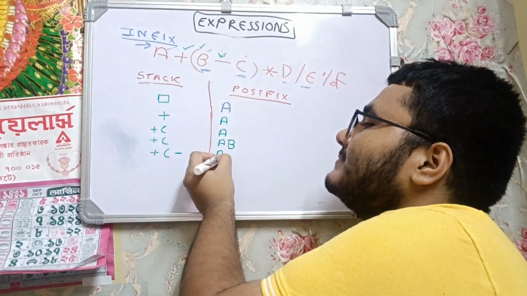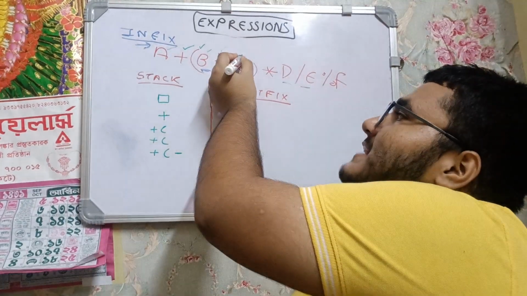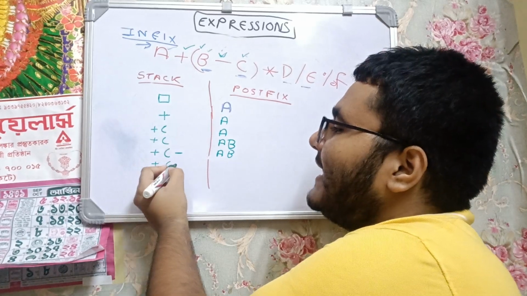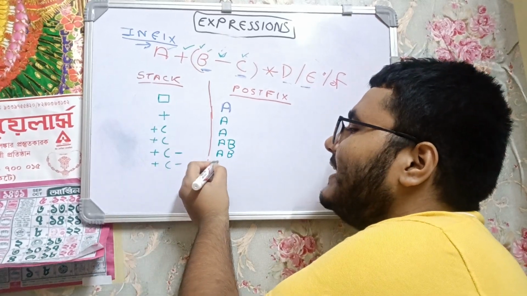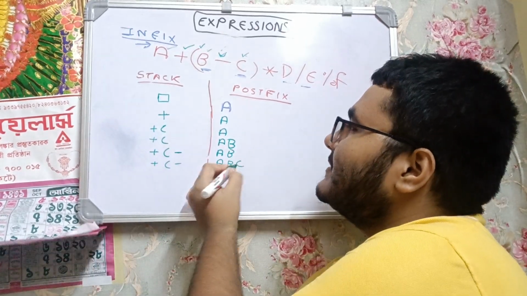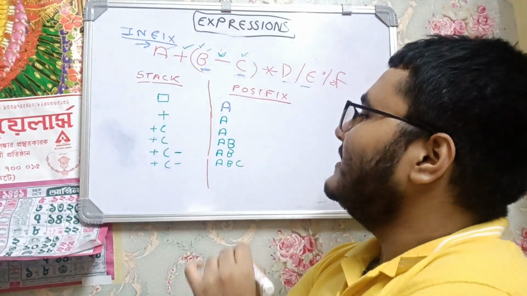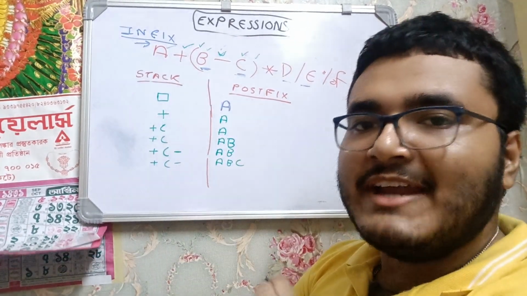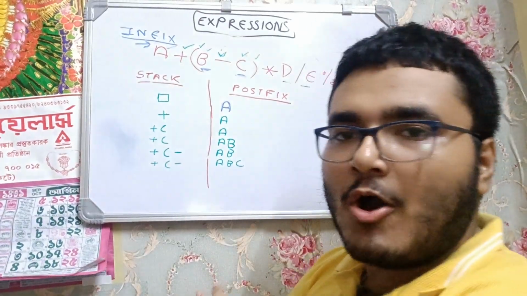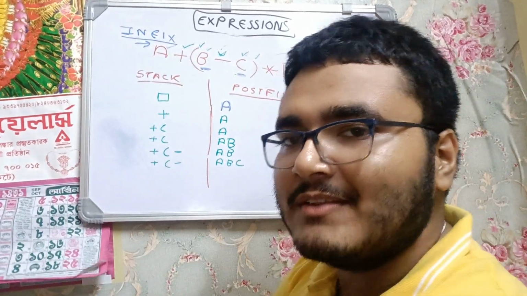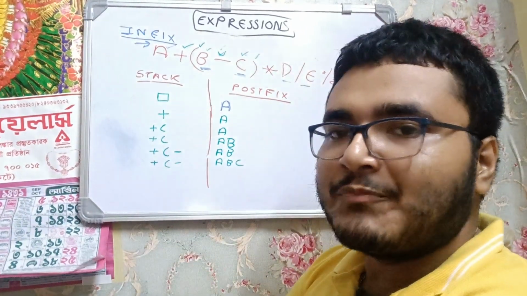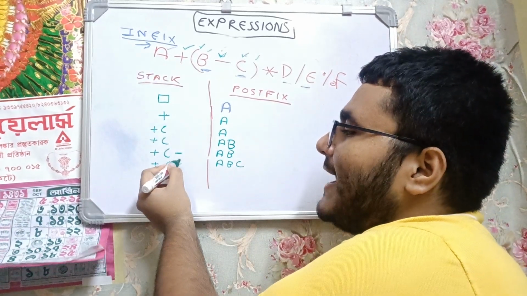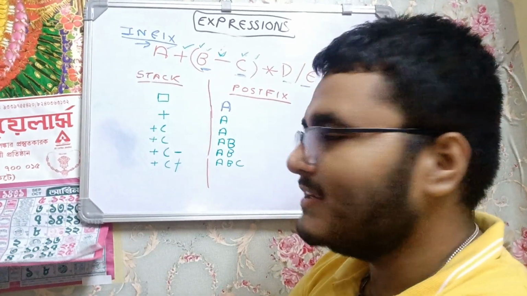Again, operands arrive, so C has arrived, so plus, bracket, minus, and A, B, C, right? Now, right parenthesis arrives. If right parenthesis arrives, it pops out everything until the left parenthesis is found. So what will the right parenthesis do? It will pop out minus first, right?